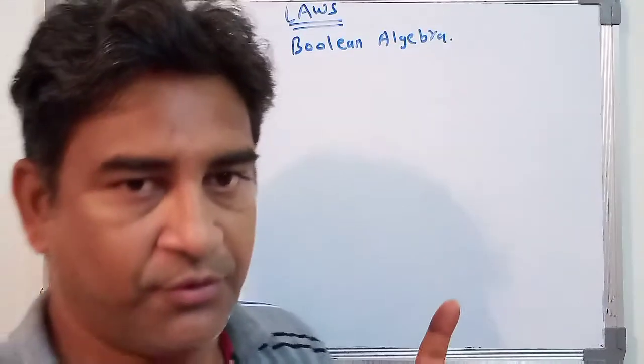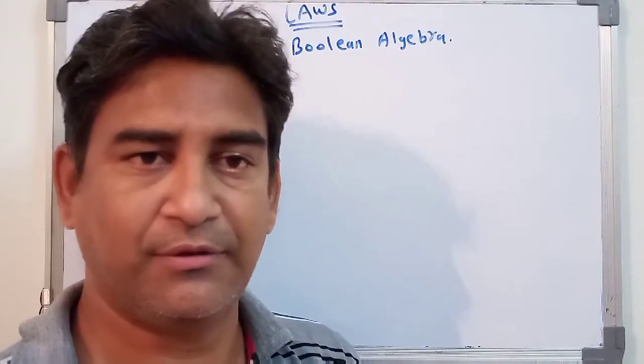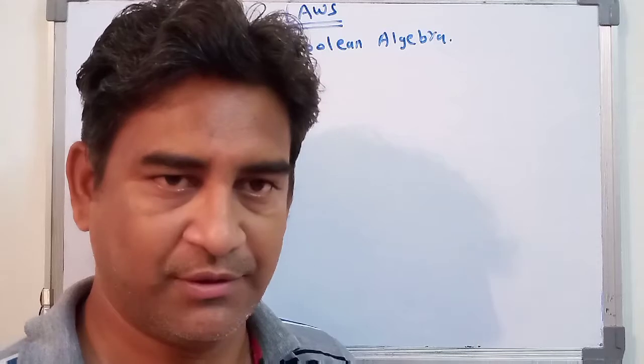First, you have the identities, the different types of identities in Boolean algebra that you have to consider.